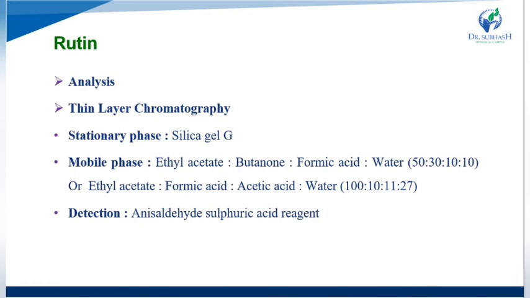The ratio is 50 ml ethyl acetate, 30 ml butanone, 10 ml formic acid and 10 ml water. The second mobile phase is ethyl acetate, formic acid, acetic acid and water, in the ratio 100 ml ethyl acetate, 10 ml formic acid, 11 ml acetic acid and 27 ml water. This is the mobile phase of rutin thin layer chromatography for analysis.